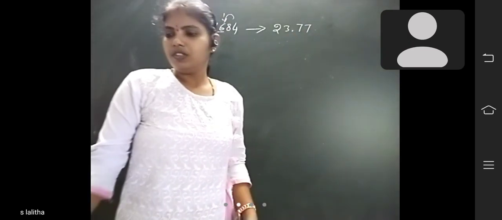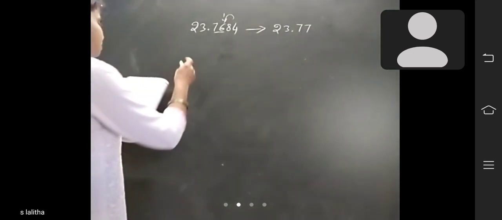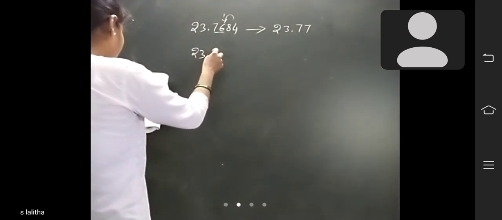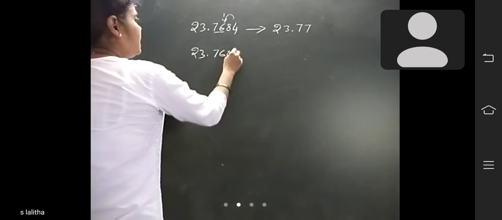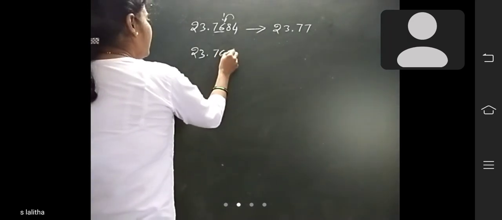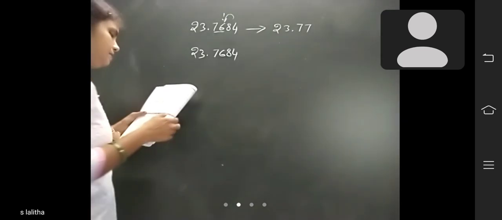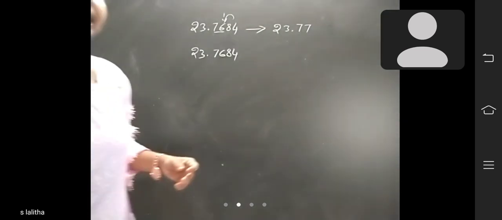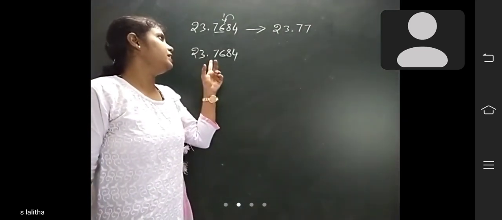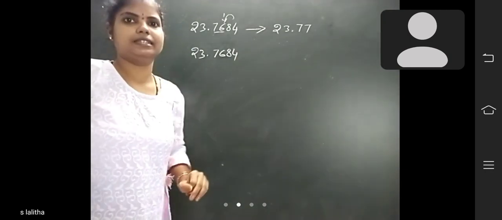Okay. Now a few more examples. See. 23.7684 corrected to 3 decimals. Corrected to 3 decimals. That means you should write the decimal point after 3 numbers. Okay.